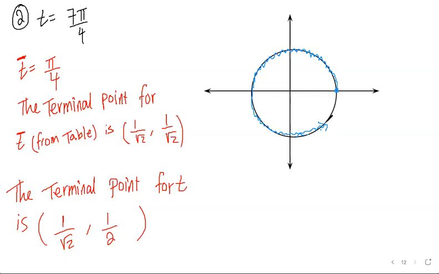This is my unit circle. This is t bar, and this is t. In the fourth quadrant, the x is positive and the y is negative. So this is my terminal point for t, for 7 pi over 4. Any question for this one?